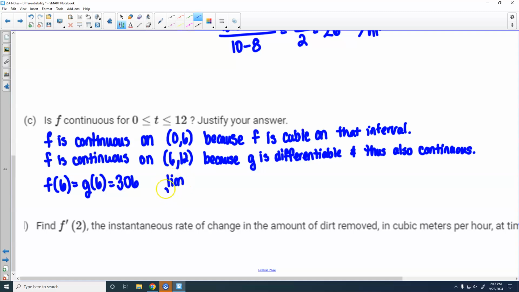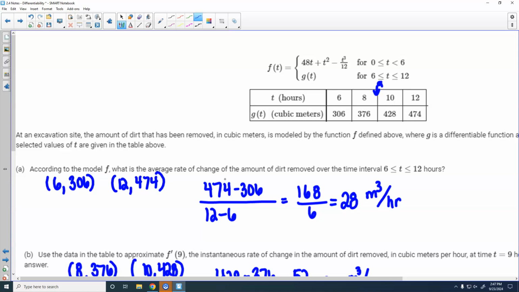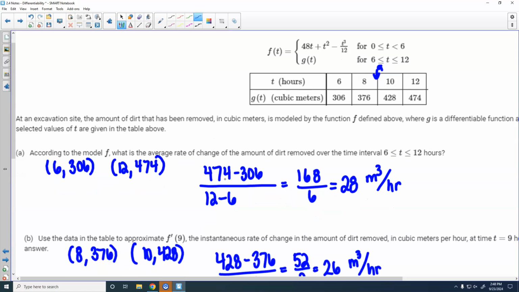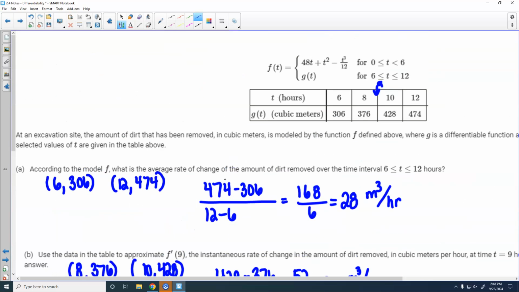If I do the limit as x approaches 6 from the left of f of x, that would just be plugging 6 into the top equation. This has got to be calculator active, I would think, so we're going to do it calculator active anyway: 48 times 6 plus 6 squared minus 6 to the third, divided by 12.